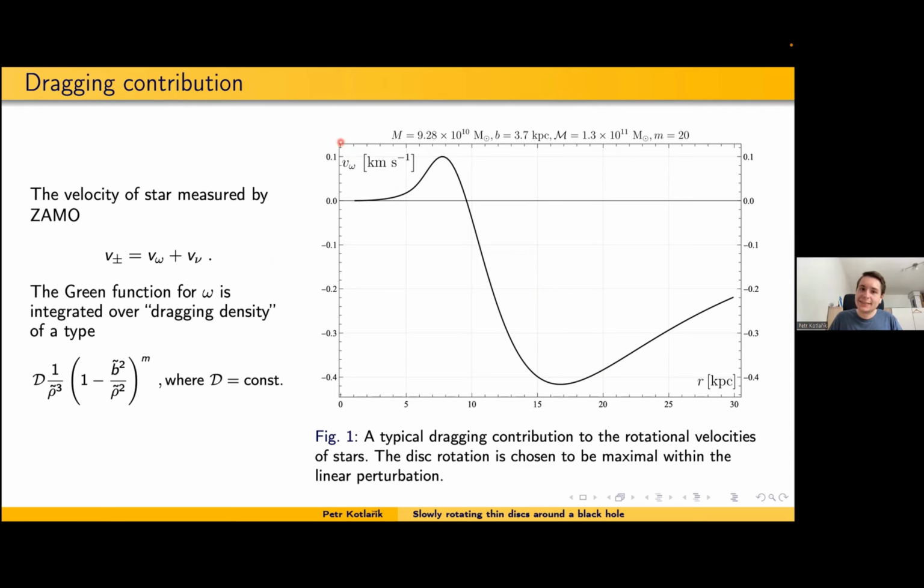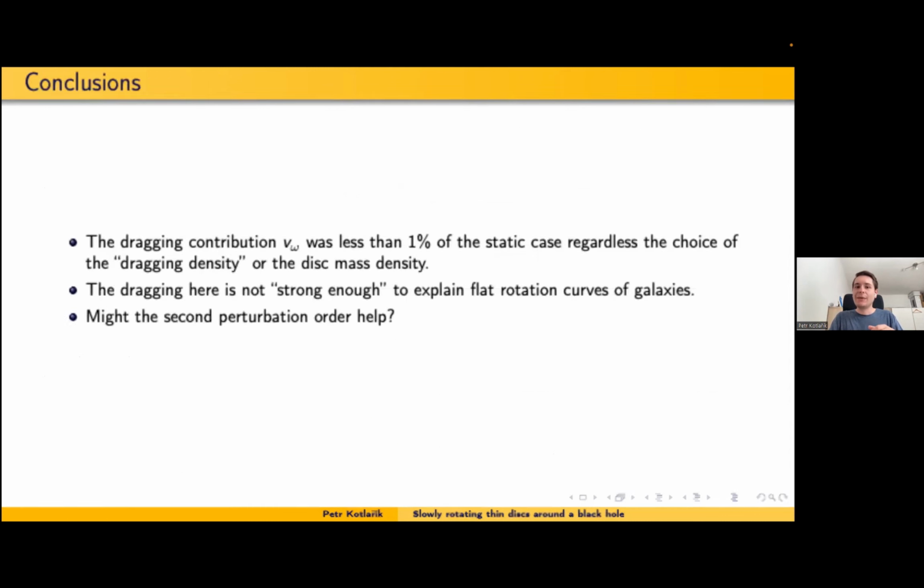As you can see, the scale here is 3 orders of magnitude smaller than the real rotational velocities, and this is independent of the choice of the dragging density or of the mass density of the disk. In all our numerical results, the contribution from the dragging was less than 1%. So clearly the dragging here is not strong enough to explain flat rotation curves.